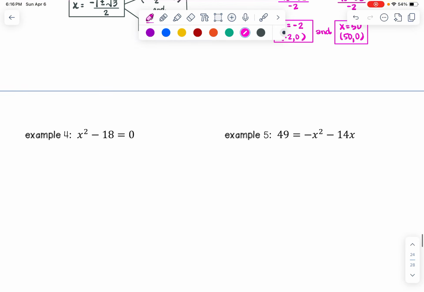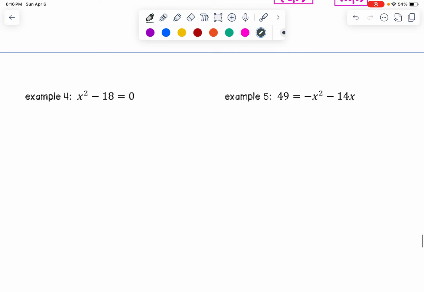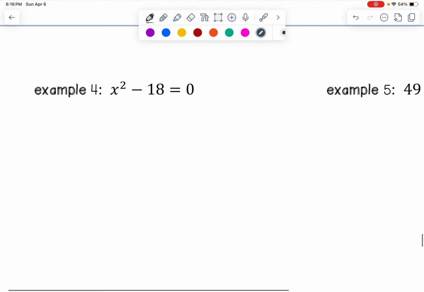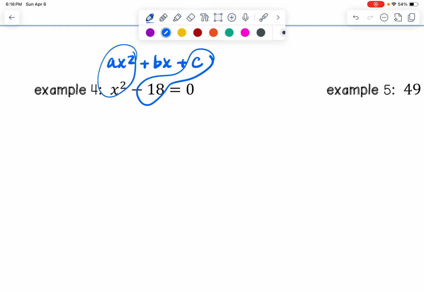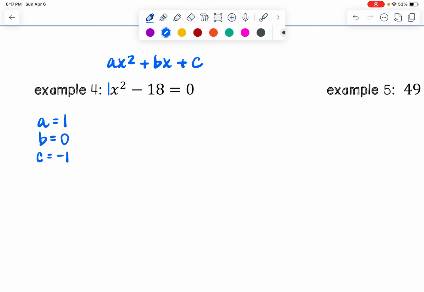Looks like we got 3 more examples. If you're feeling confident, then you can probably stop and go work on your homework. But we're going to talk about some special cases here, like number 4, for example. You'll notice he's missing his x term, right? So as far as ax squared plus bx plus c, he's got his x squared term and he's got his constant c term, but he doesn't have the b term, which of course means the a is 1, the understood 1 that's in front of the x squared, but the b is 0 and the c is negative 18.